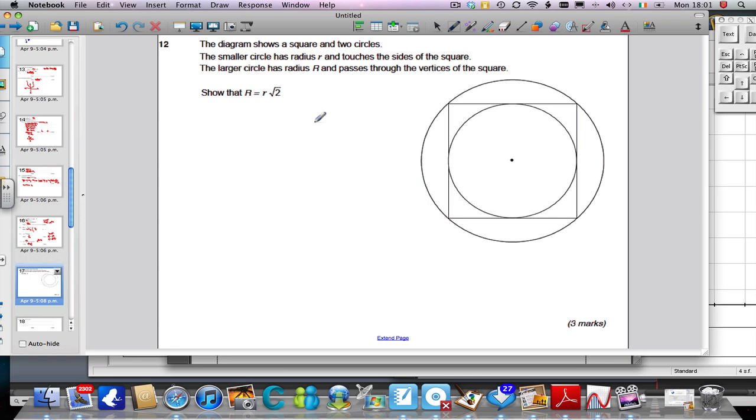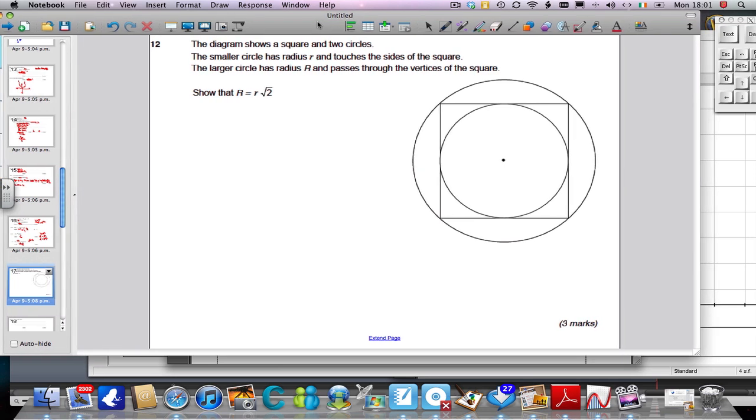Okay, so we've got a square and two circles here, and we're asked to show that big R equals small r times root 2. This one is kind of tricky, but if you use some general reasoning, and if we look at this here, that's the radius of the little circle, and this will be the radius of the big circle.